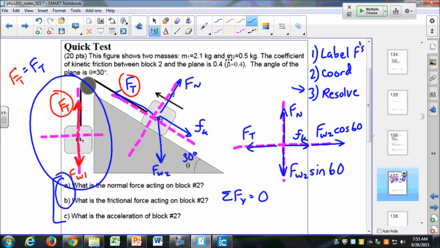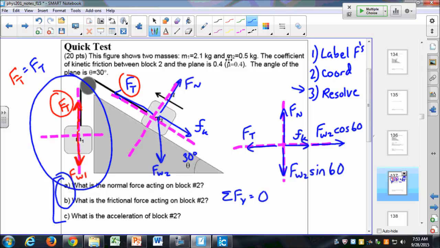So I have the normal force for me. What is it? Right, what is that? 50 sine 60. Or no, it's not 50, it's what? 5 sine 60. Right.